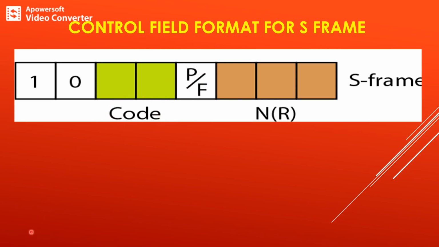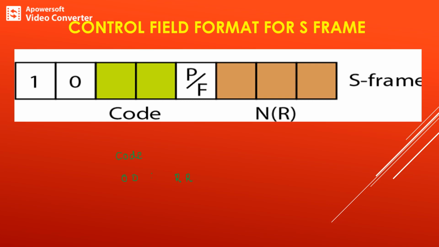Here we have different combinations for the code value. If the code value is 0,0, that means the receiver is ready to receive the data.